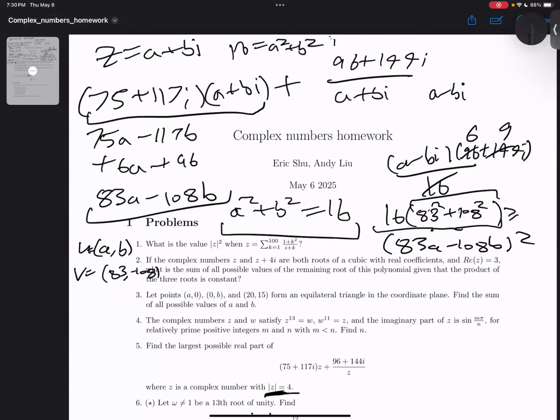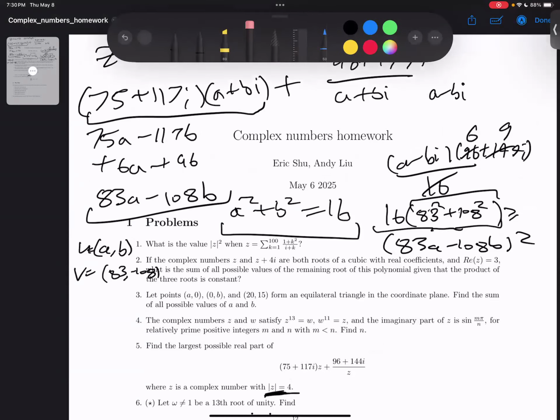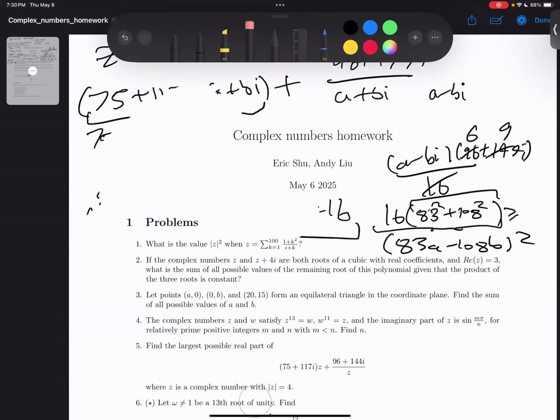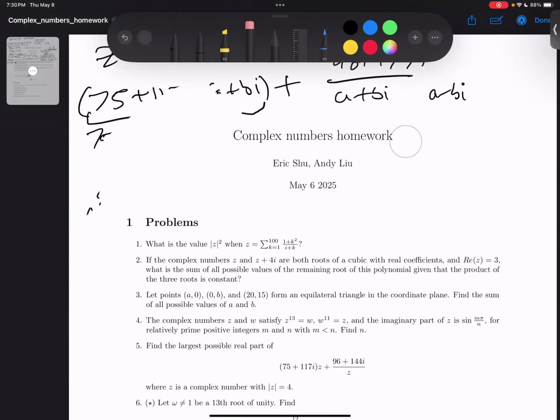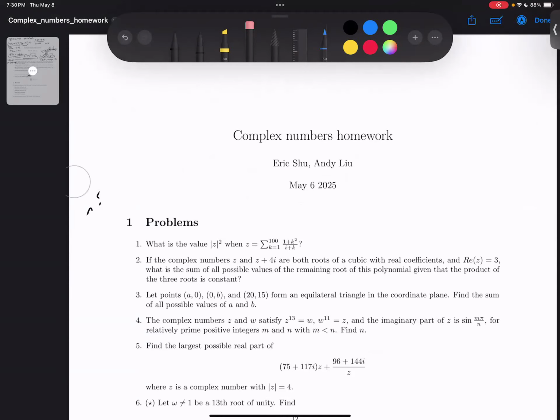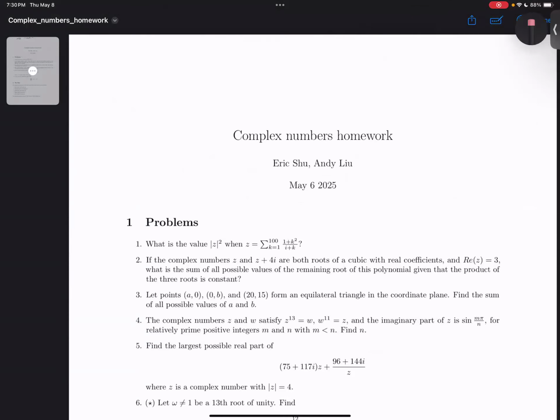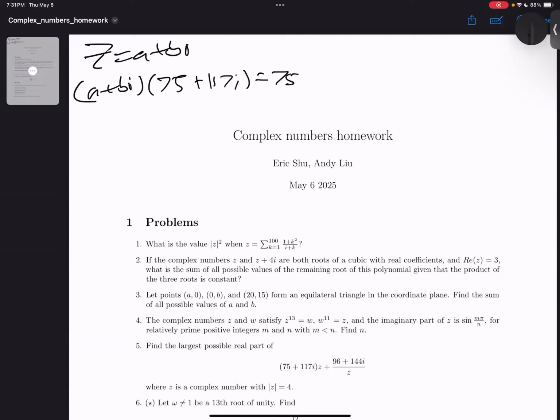You know what, I'm just going to restart the problem. Okay, guys. So we plug in a plus bi, and we only want to find the real part. We don't care about the imaginary part. So if we have a plus bi, the real part of 75 plus 117i times z gives 75a minus 117b.